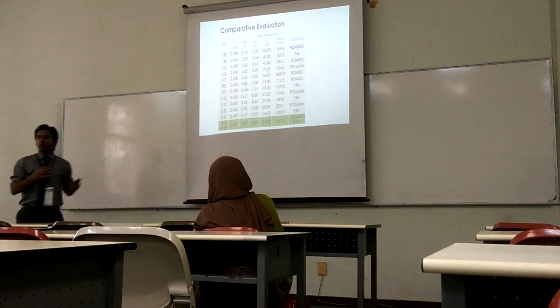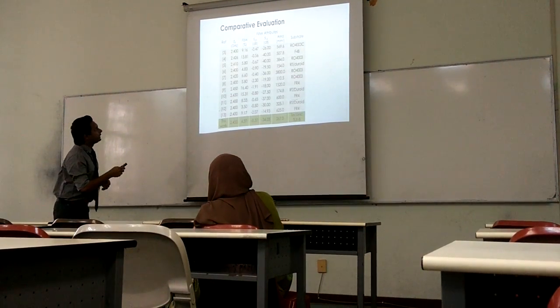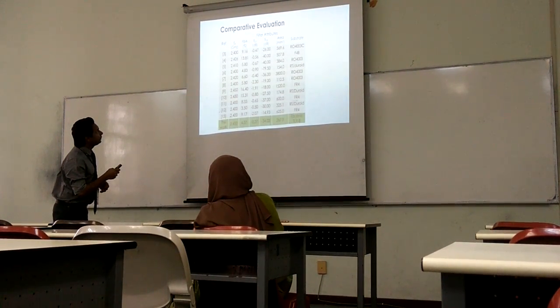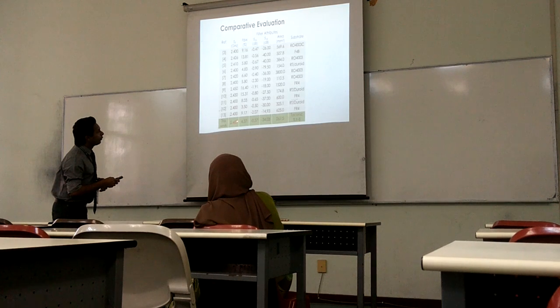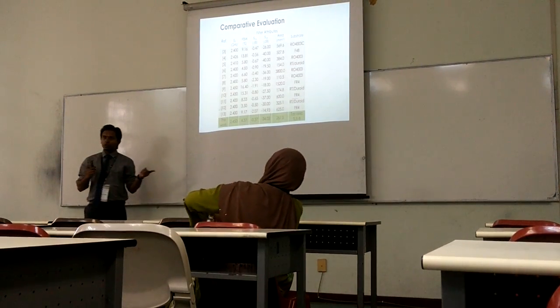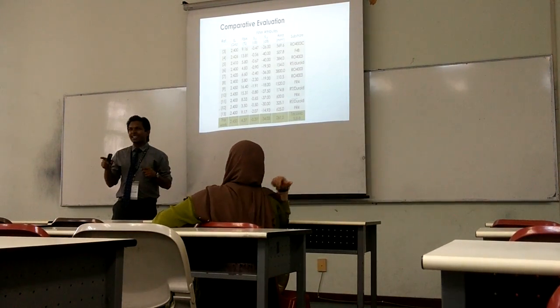So let's compare our work with the recent works. As you can see, only this work exactly has the center frequency of 2.45 gigs with a fractional bandwidth. If we talk about the WLAN frequency in terms of fractional bandwidth, it's supposed to be 4.08%.